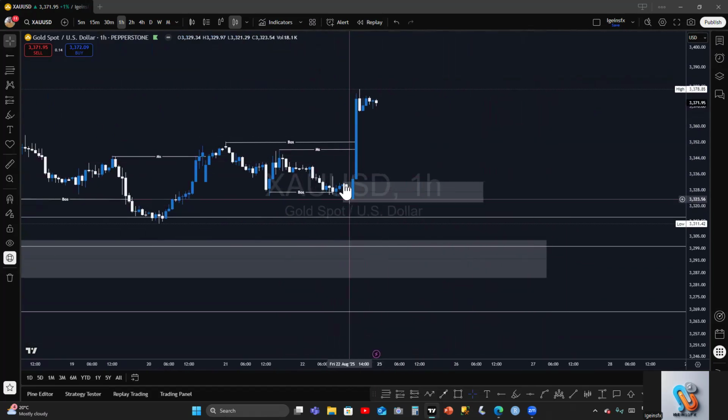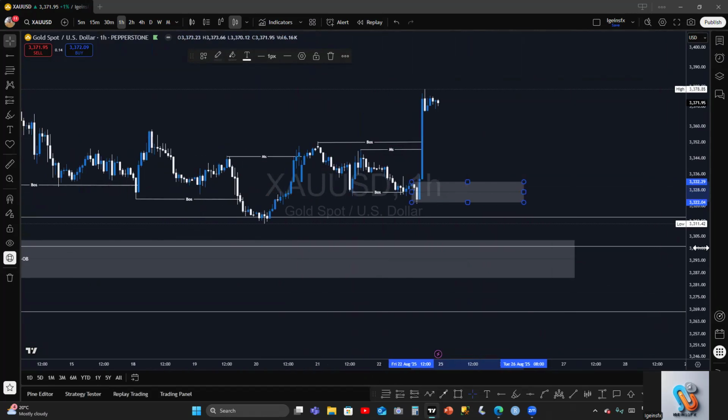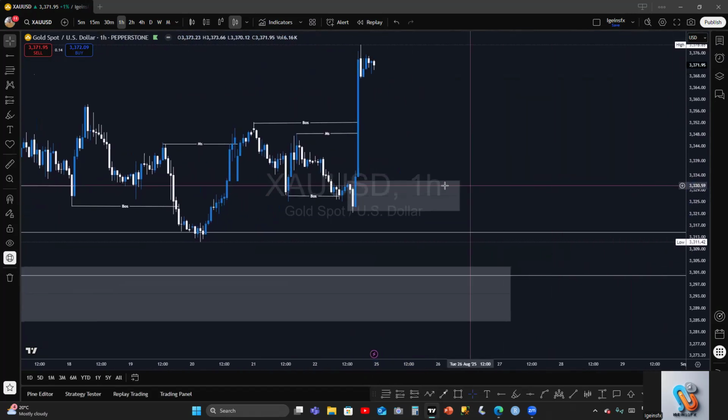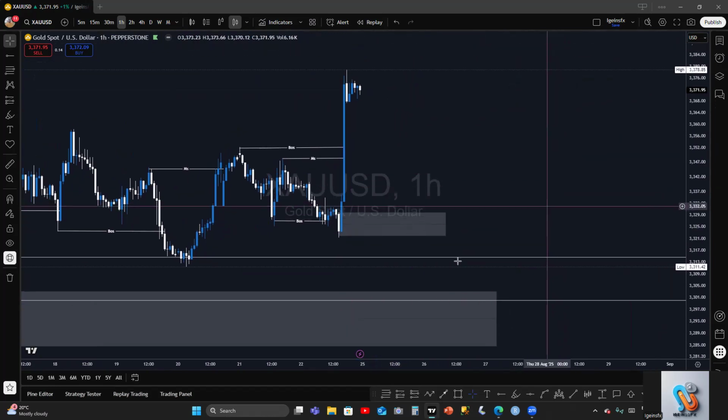This is the other block that caused this break of structure to the outside. So you put your pending order here, and wait for price to come and tap you in.